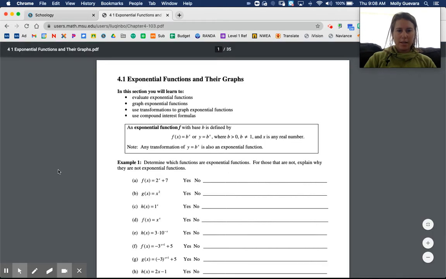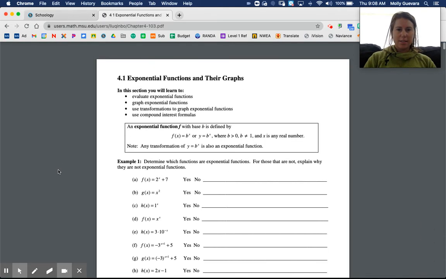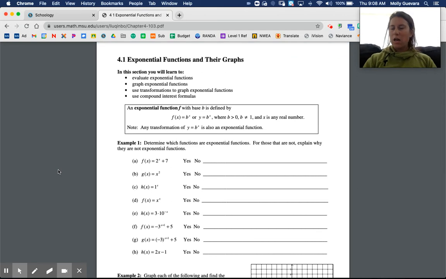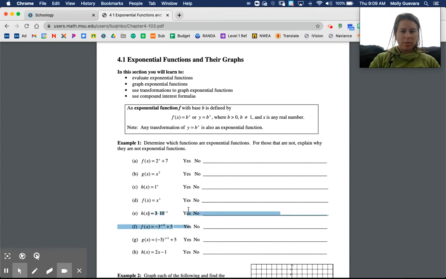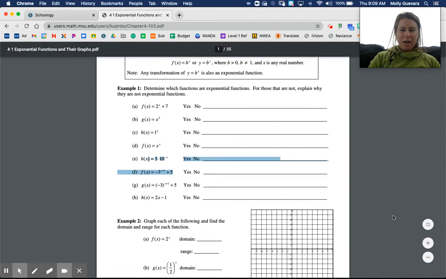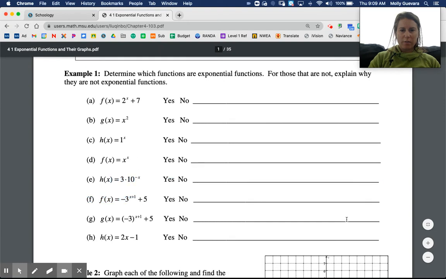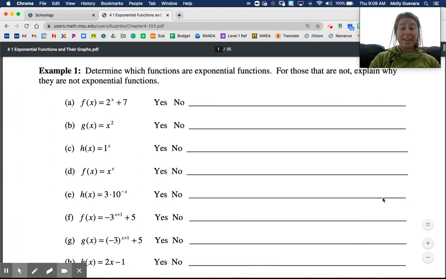Okay, so let's look here. You should have access to these notes, either in your packet or in some other way. What we're going to do is go down, let me scroll down, and determine whether or not these in example 1 are exponential functions.